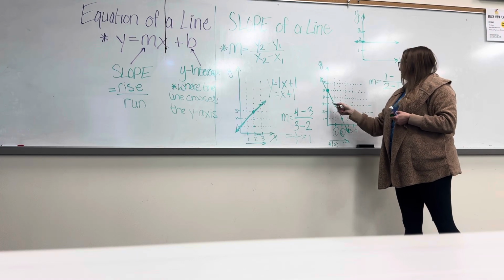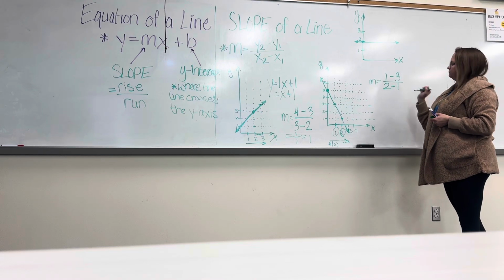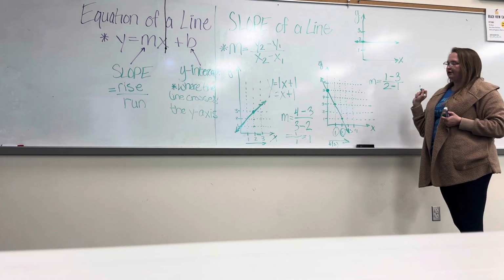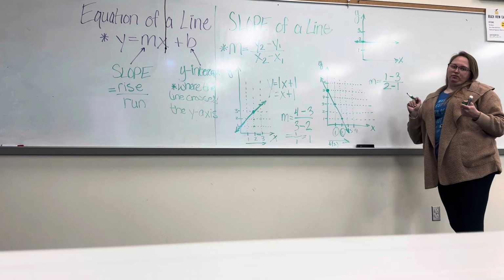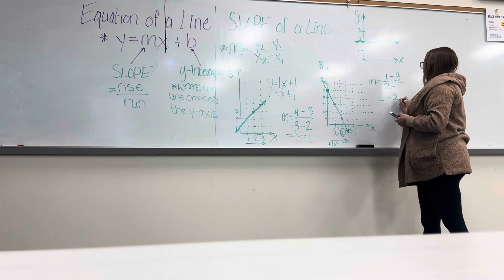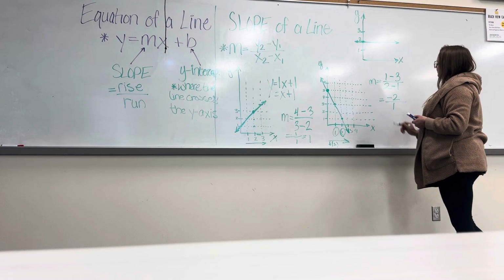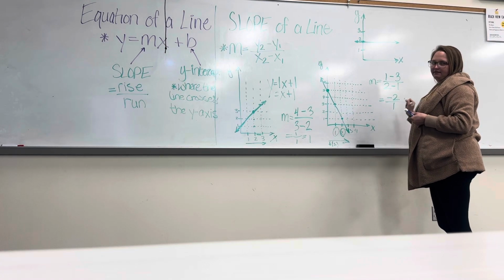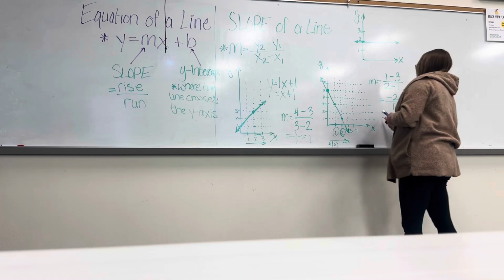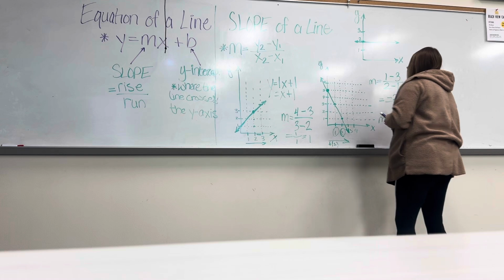All right? So that's 3. So here, you can already tell we're going to have a negative slope of a line. 1 minus 3 equals negative 2 over 2 minus 1, which is a positive 1. Negative divided by a positive is a negative. So your slope equals negative 2.